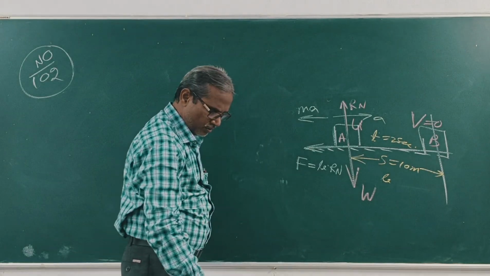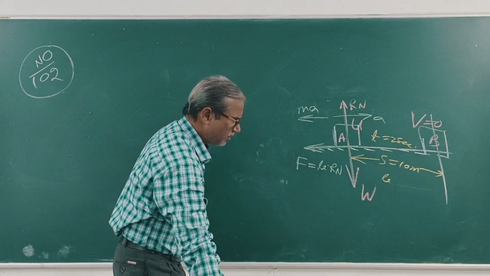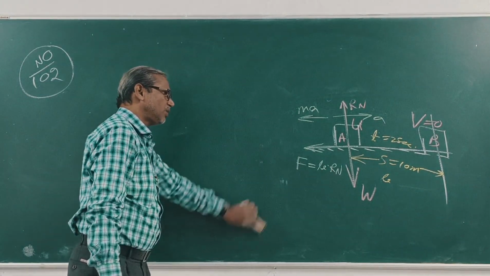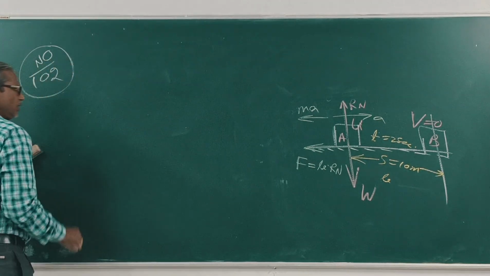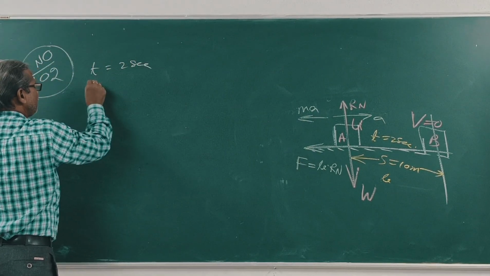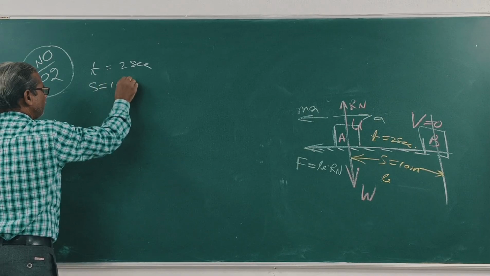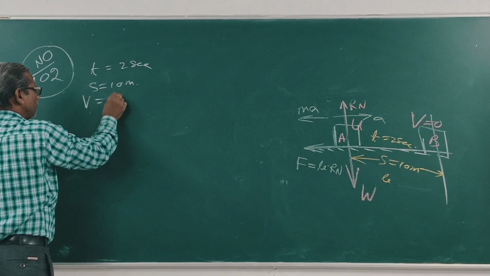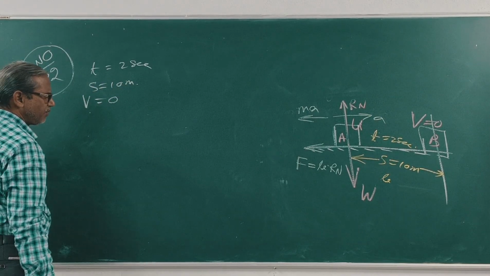Given: t is 2 seconds, s is 10 meter, V is 0. Clear? What is mu?